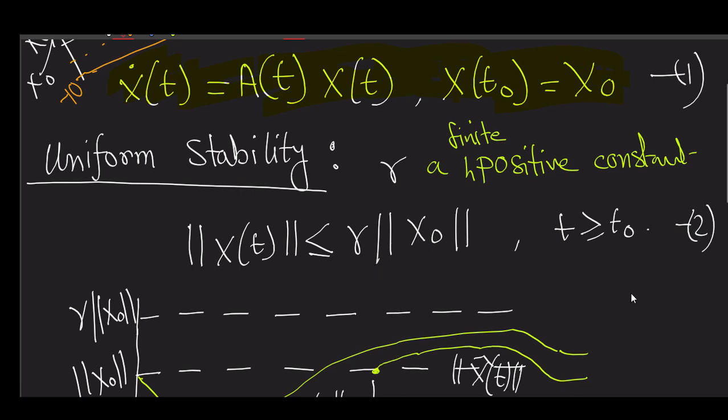One question may come to your mind: which norm are we talking about, the first norm, second norm, or infinity norm? Let me tell you that there is a property that norms are equivalent. In most cases, if one norm is bounded, then the other norms will also comply with the same thing.